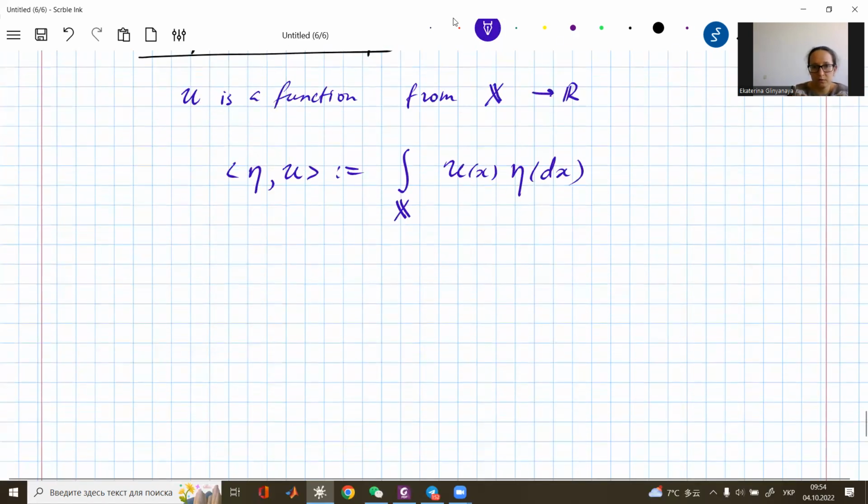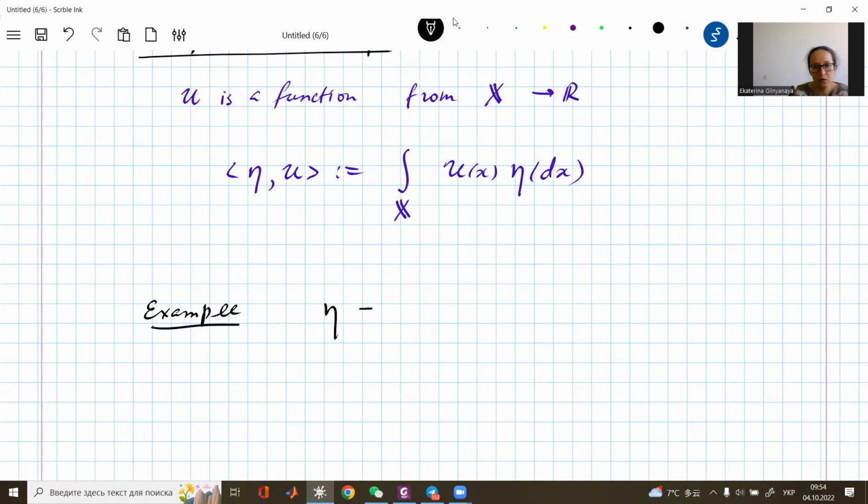Please do not be afraid of such an integral, because, for example, if we have a nu of the form of delta measures, what is the form of such an integral?